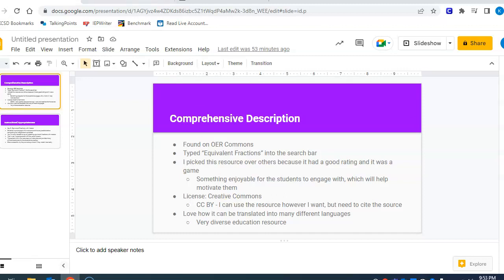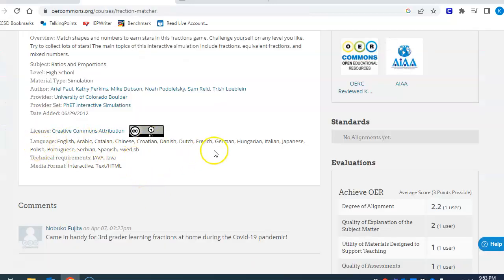And I also love how this resource can be translated into many different types of languages, which makes it super diverse, and especially with the students I would be utilizing this unit with, my students are very diverse, so I do have some students who speak Spanish, so they might find it more beneficial for them to engage in this resource in Spanish. So I really like how this game can be turned into different languages.